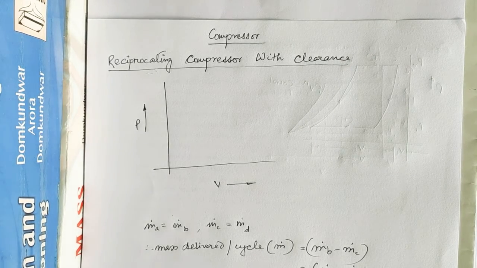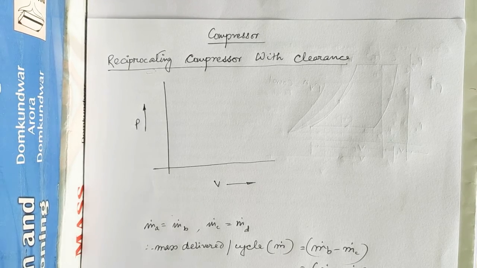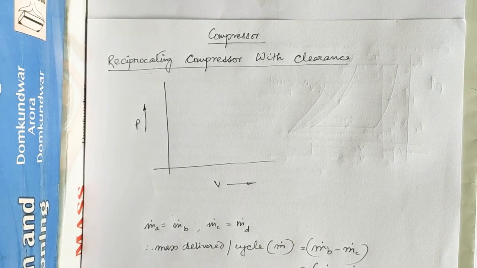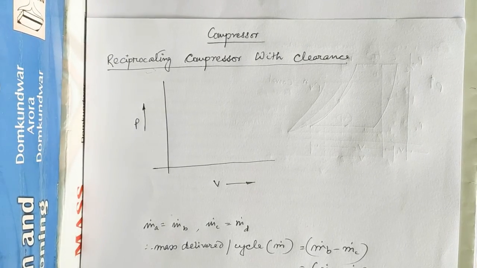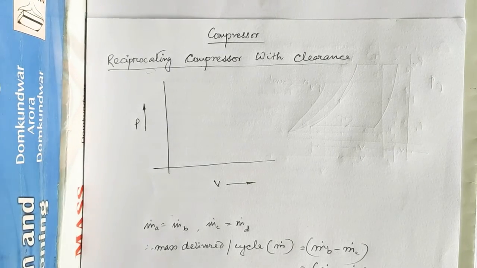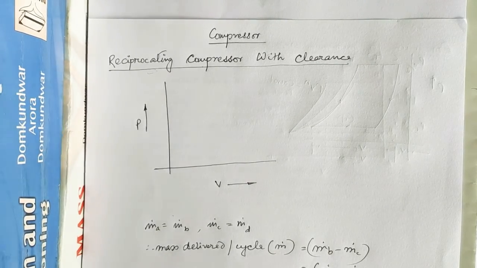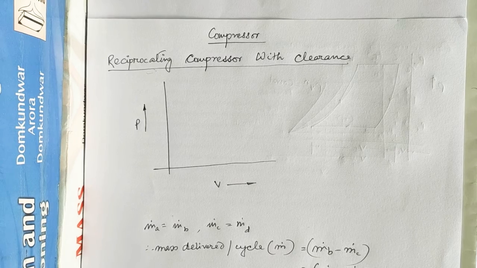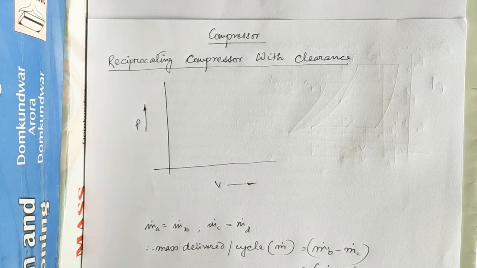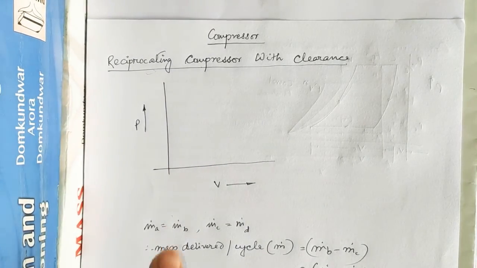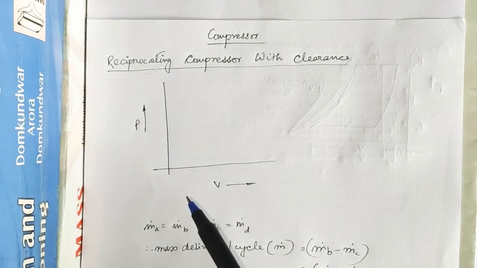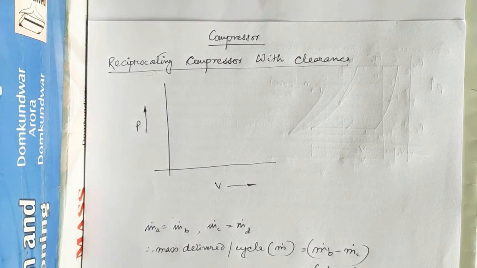That means at the end of the compression or delivery stroke, if the piston reaches the top dead center, then for the starting of the next suction or intake stroke, until and unless some pressure difference is there between the space of the cylinder and the outside or the intake manifold, the suction valve will not open. That is why a dead space must always remain between the cylinder head and the piston. That is known as clearance space.